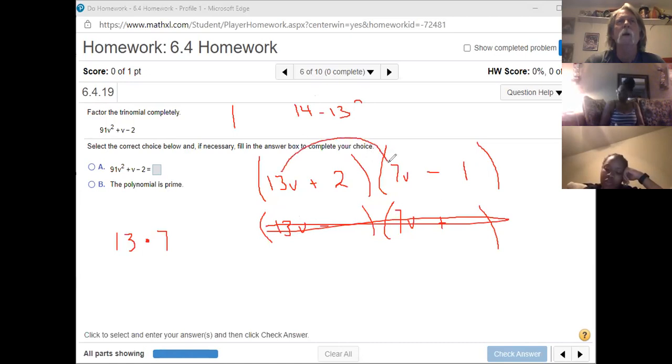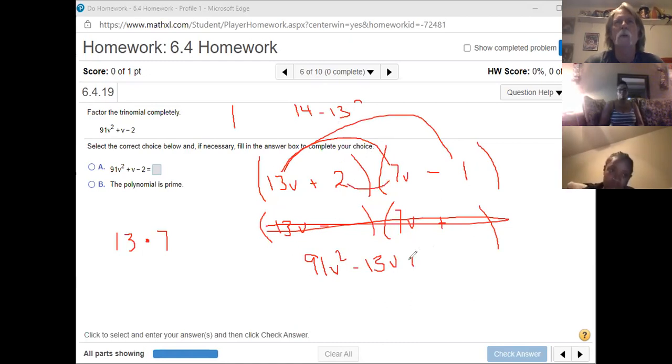So 13 times 7, 91v squared. 13 times negative 1 is negative 13v. 2 times 7 is positive 14v. Looking good. And 2 times 1 is negative 2. Combine like terms.